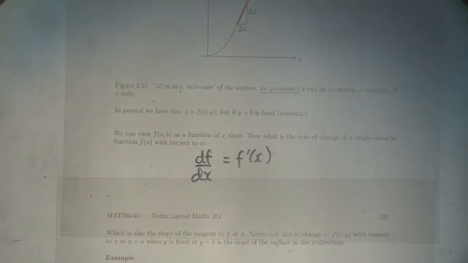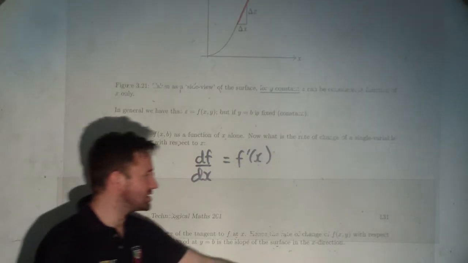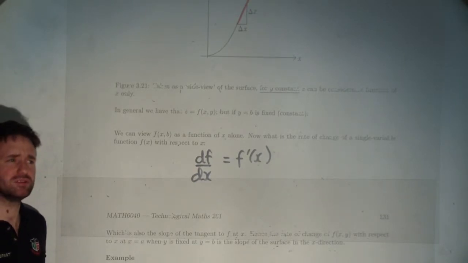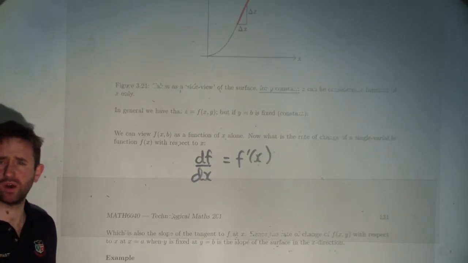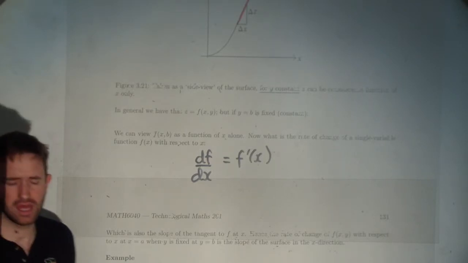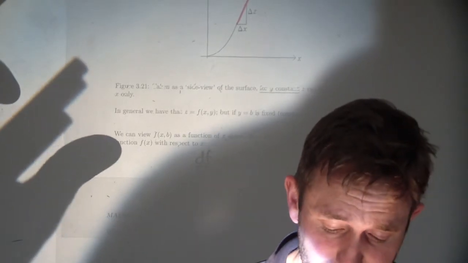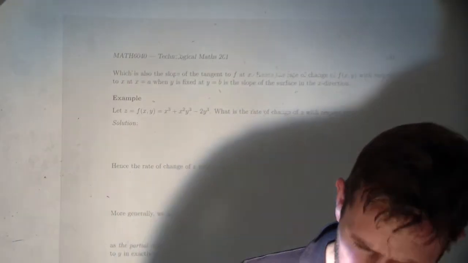So what is the rate of change of z with respect to x when y is fixed at 2? Now I could substitute in y equal to 2, but we're not going to be doing that. Most of the time we're not going to specify what y is, we're just going to say y is fixed. So I'm just going to write y equal to 2, but I'm not actually going to evaluate it. So I'm going to rewrite this z.